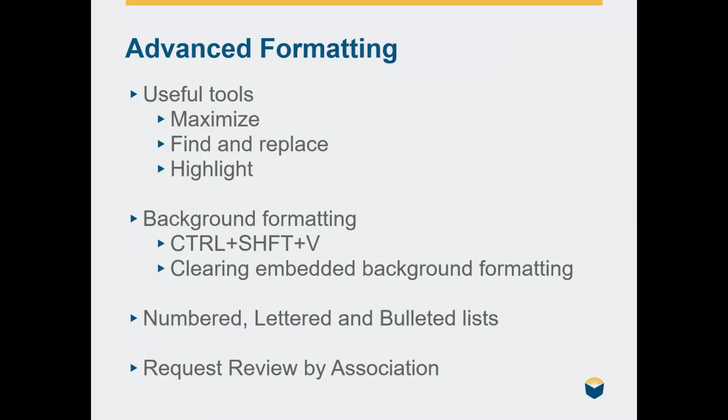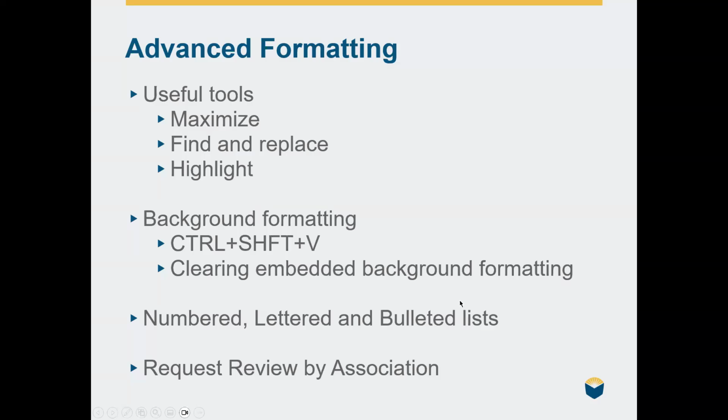So Control Shift V. When you paste into GAMUT, if you're pasting into your policy editor, please paste with Control Shift V instead of Control V, because Control V brings over background formatting and Control Shift V clears background formatting, so that you don't have any clashes with GAMUT's editor that can cause certain things like the text being small or the text being big or the spacing being off. So pasting with Control Shift V means that you can avoid certain issues like that.